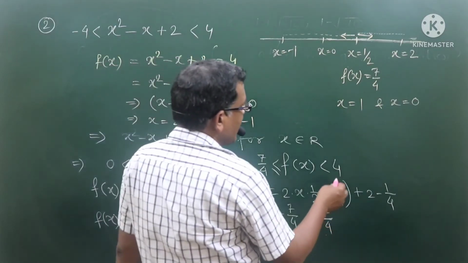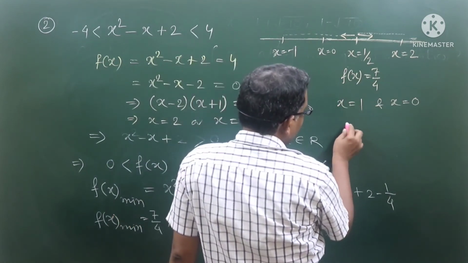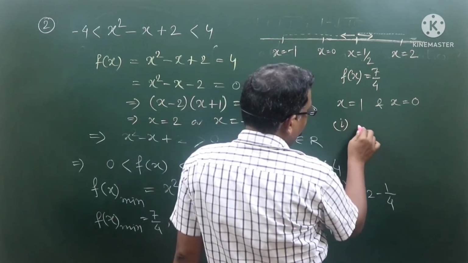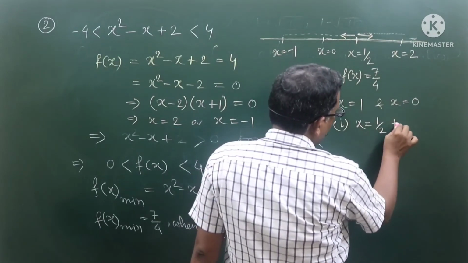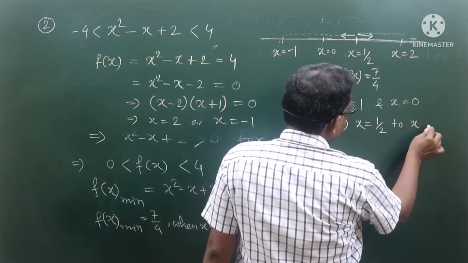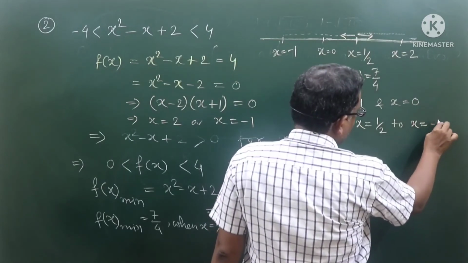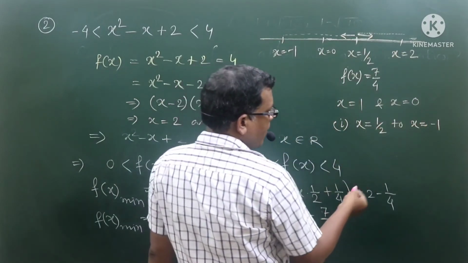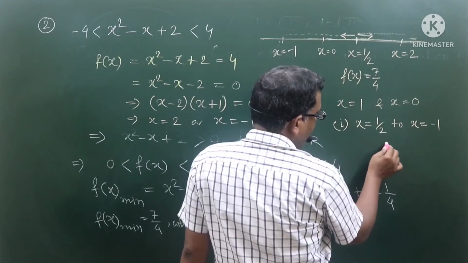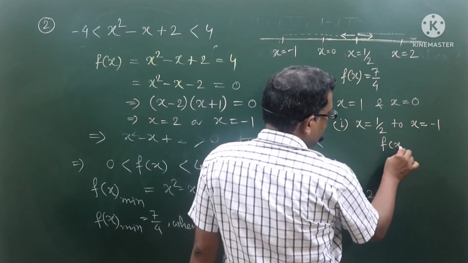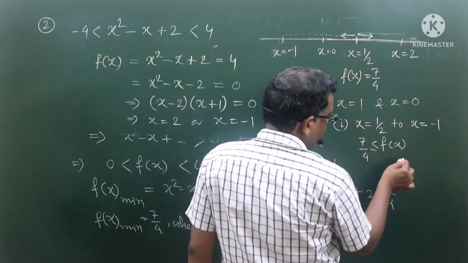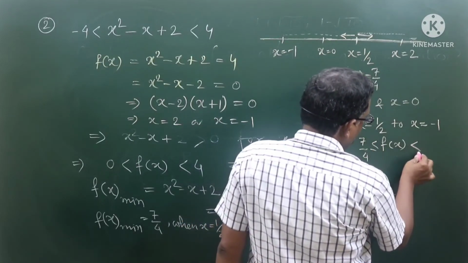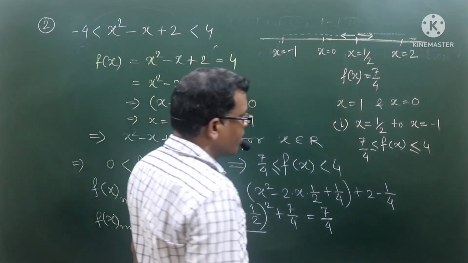That means I can say two cases: for x from plus half to minus 1, f of x ranges from greater than or equal to 7/4 to less than or equal to 4.